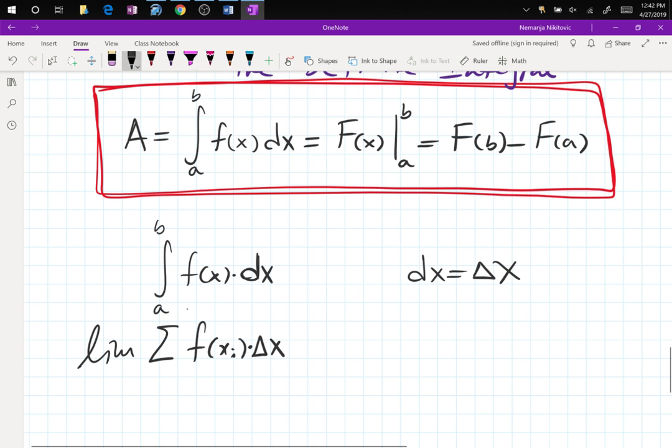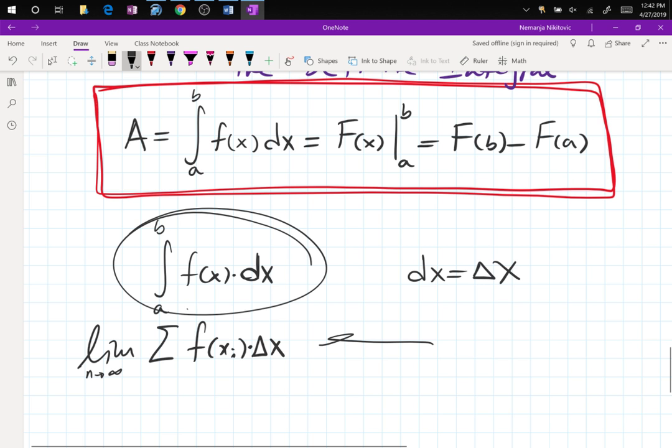And now, if you compare these two, you see that this over here is technically just a lazy notation for this.